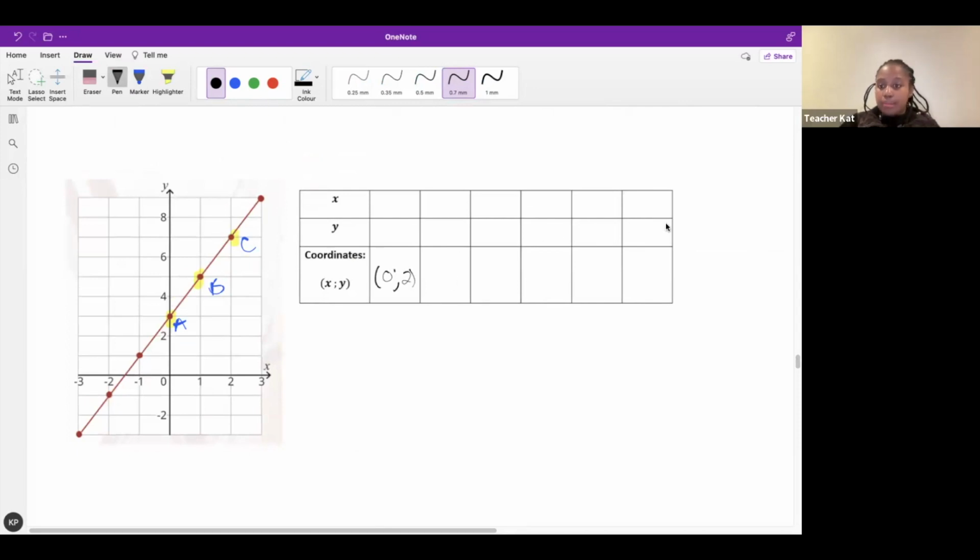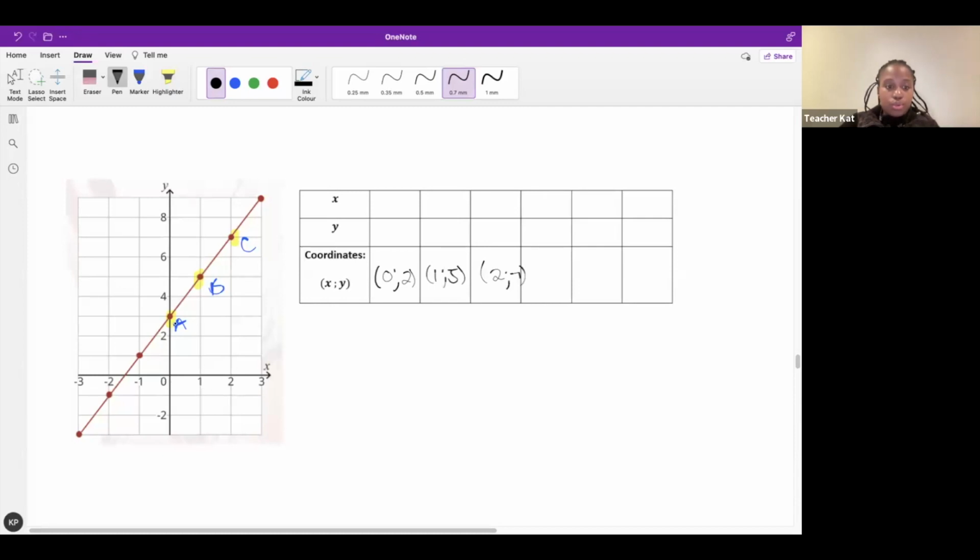Point B. 1, 5. And point C. Point C is 2, 7.